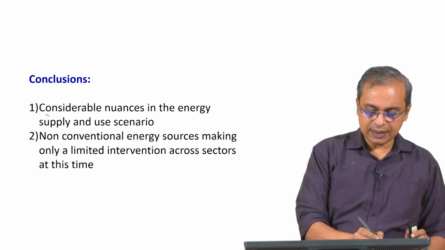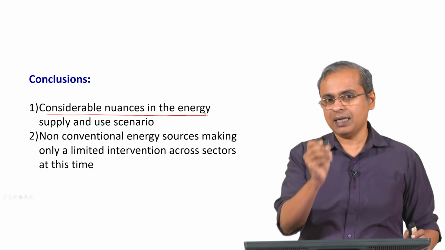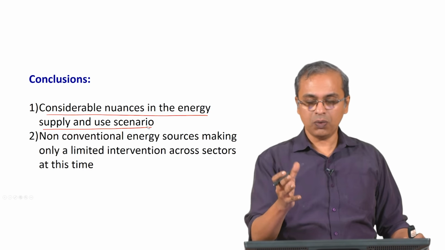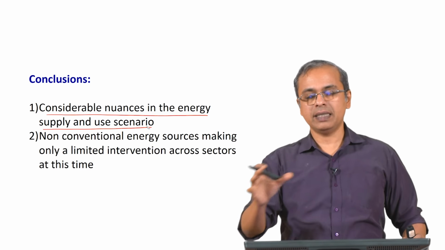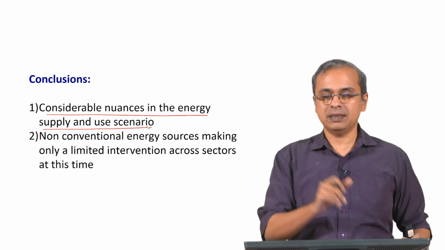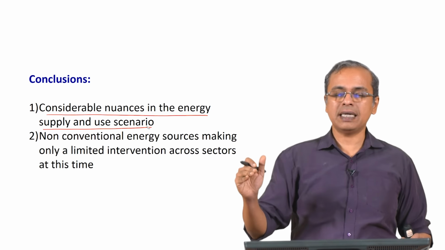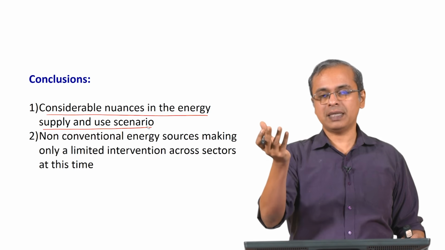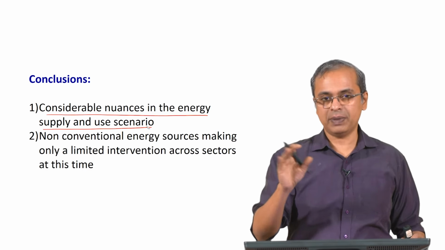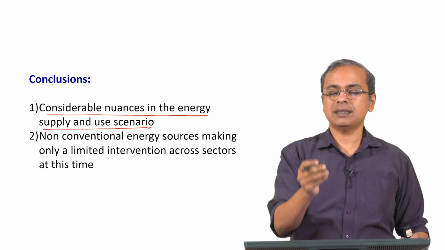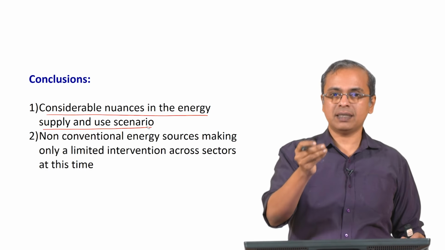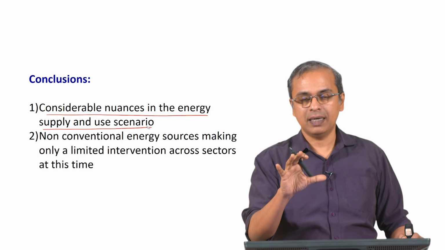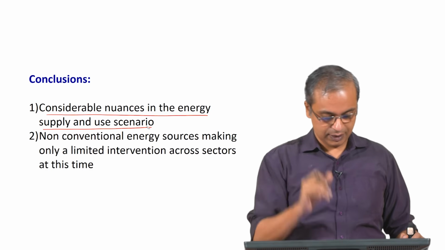So what we find is there are considerable nuances, fine detail in the supply and use scenario, how it is being supplied and how it is being used in these three sectors. So sector wise there is a lot of detail involved, a lot of issues involved. You cannot just sweepingly say I will put something and everything good will happen. It does not happen that way. You have to really address the specific peculiarities of that sector, and only then the full benefit of whatever you are trying begins to accumulate in that sector.